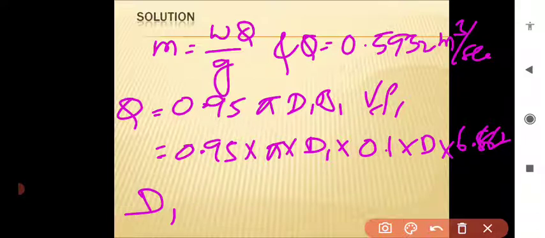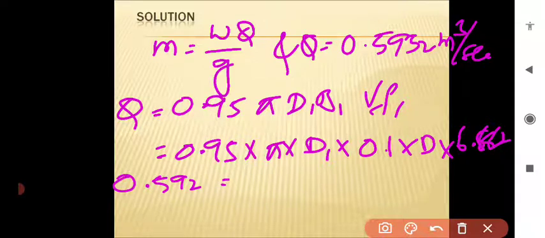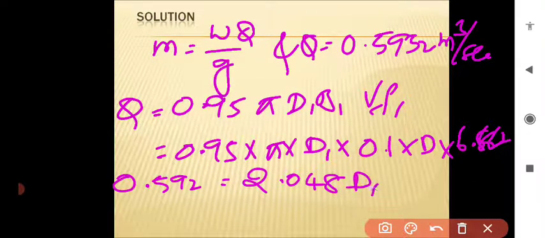And I will write one more step here for your convenience. Q is equal to 0.592, so that is equal to 2.048 d1 square.